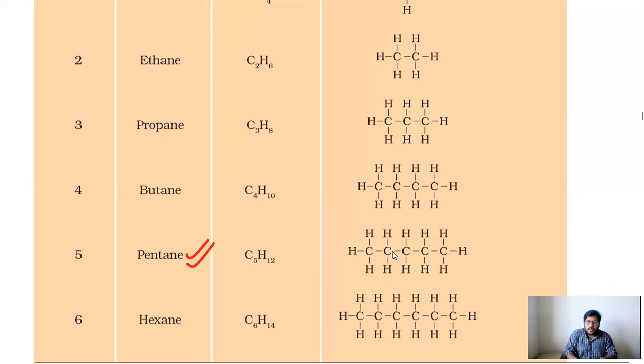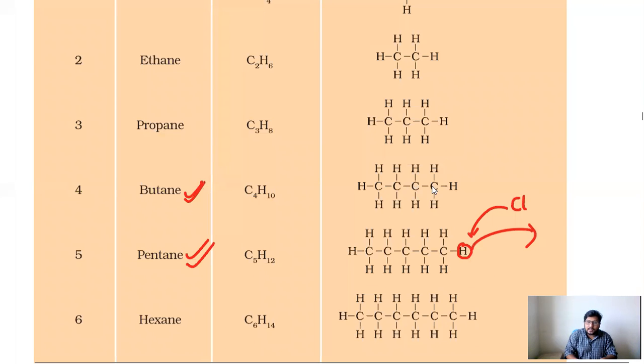Pentane has 1, 2, 3, 4, 5 carbons and 12 hydrogens. Now, here we have hydrogen, right? This hydrogen can be removed and one chlorine can be added. Yes, that is possible. Or you can observe this butane.